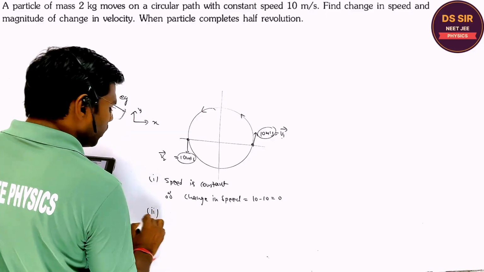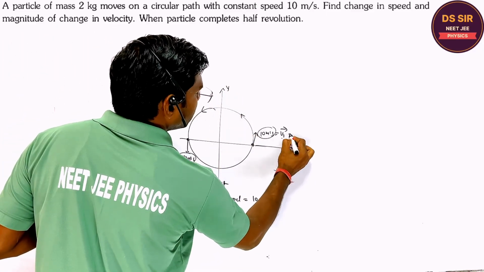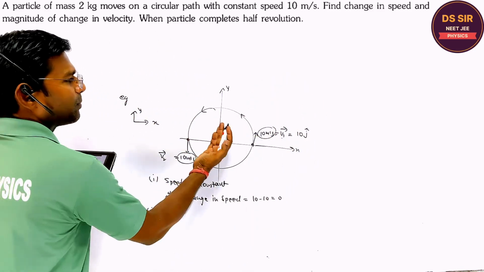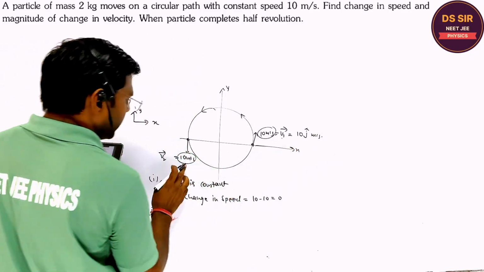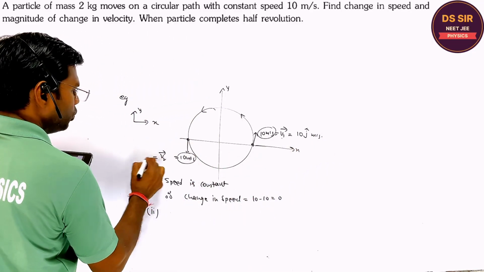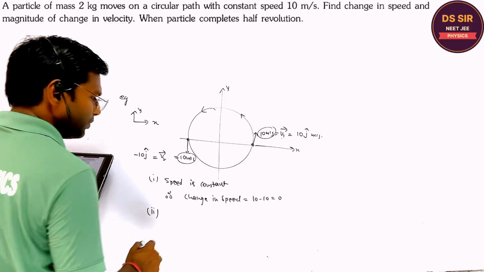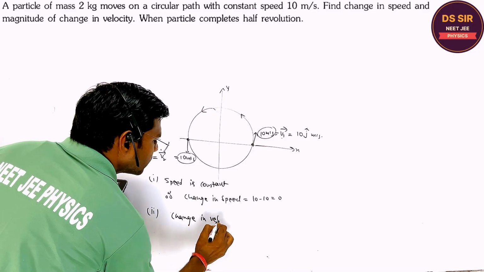And now the change in velocity, how to find? Because if you assume this is the y-axis, this is the x-axis, the v1 velocity vector you can write 10 j cap meter per second because of its direction. And this is the v2 velocity vector, you may write minus 10 j cap. Is it clear or not? So what is the change in velocity?